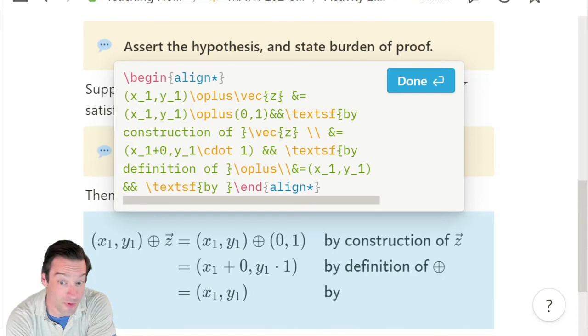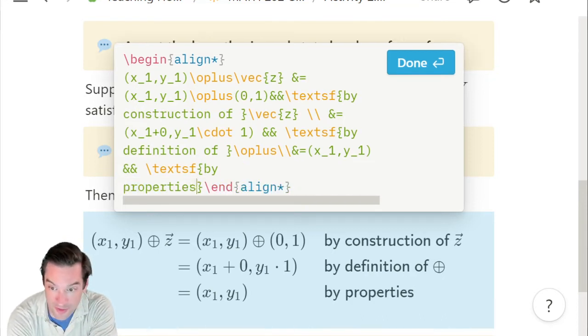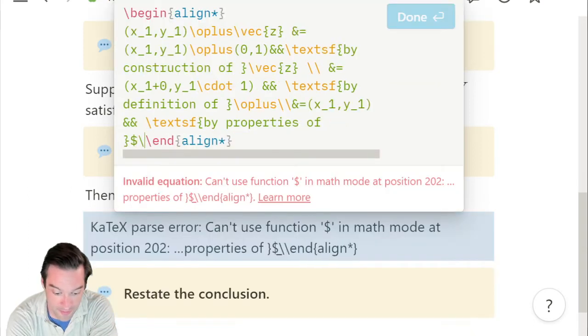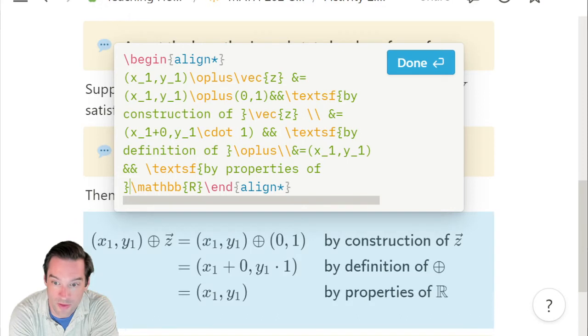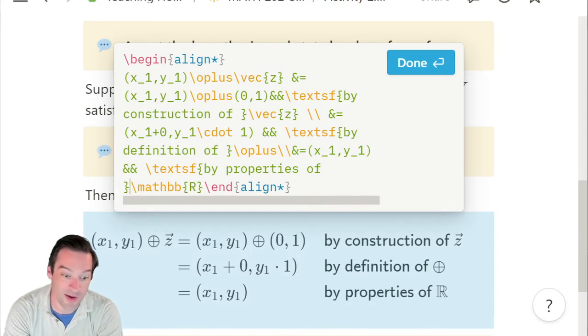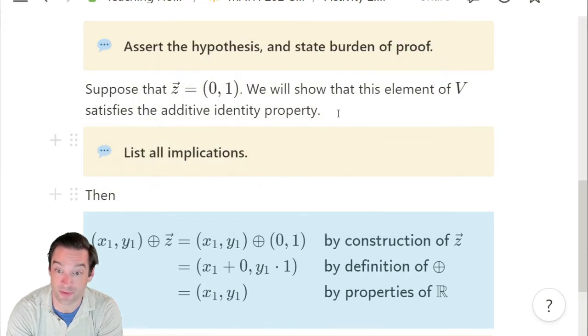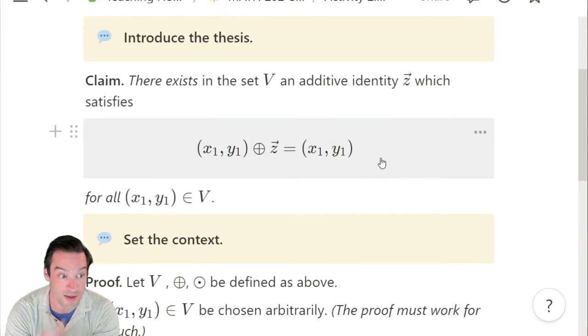Yeah, these are just normal scalar multiplication and scalar addition of real numbers. So properties of the real numbers, let's say. So by properties of the real numbers, x1 plus 0 is equal to x1, y1 times 1 is equal to y1. And notice that (x1, y1) is exactly the right-hand side that we were trying to get to in the first place, right? We're trying to substantiate this identity.